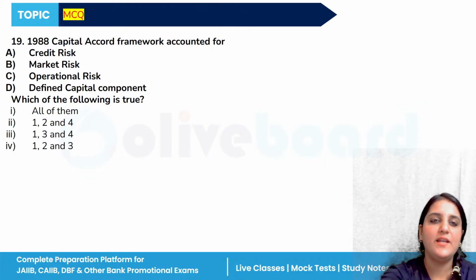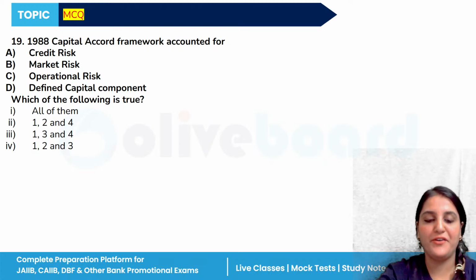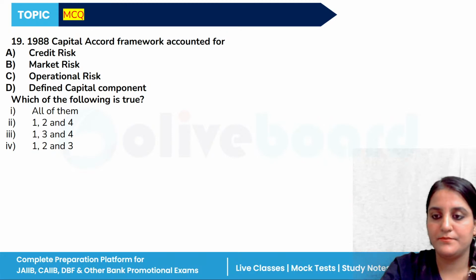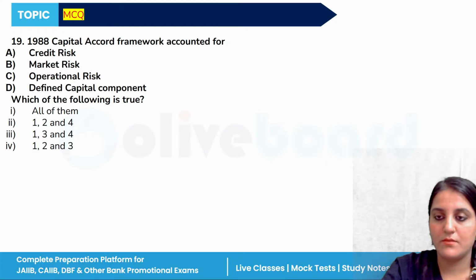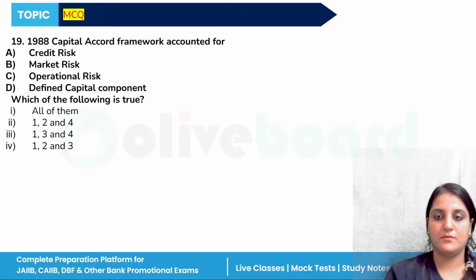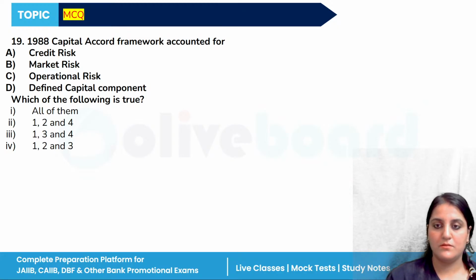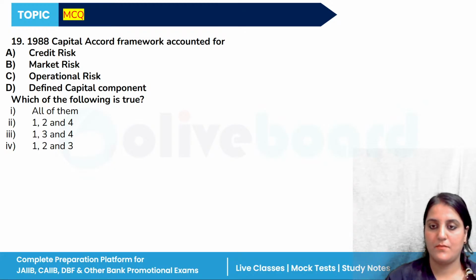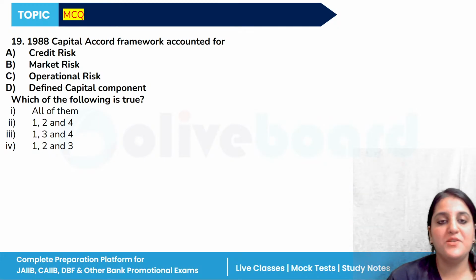Now, the 1988 Capital Accord framework accounted for. Four options are given.